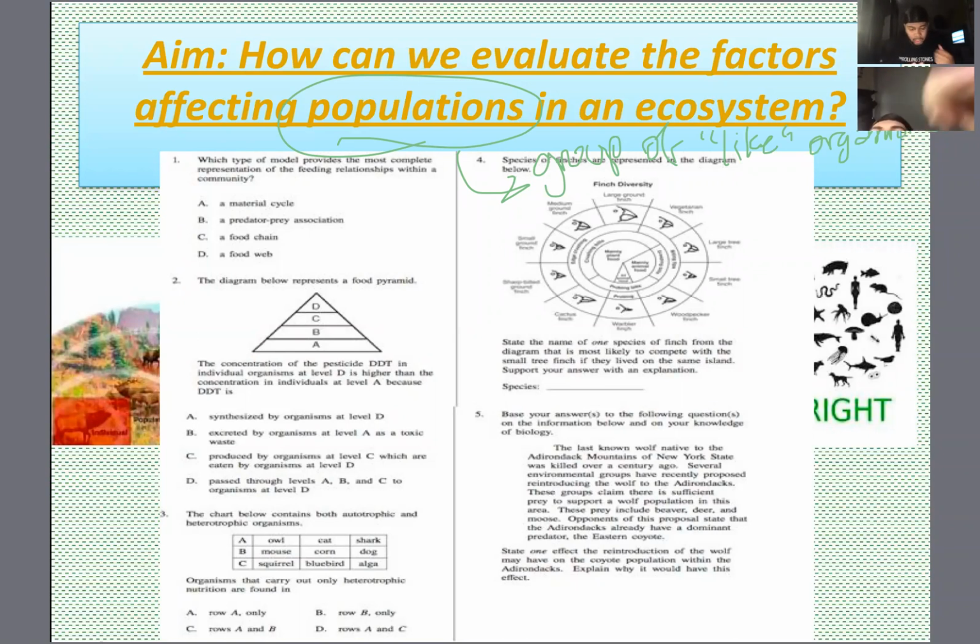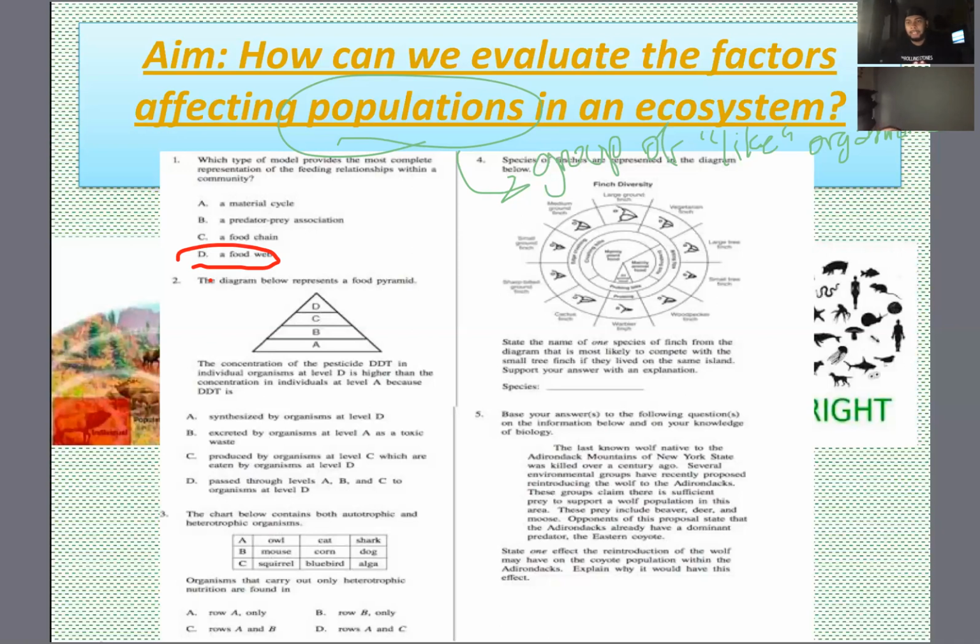Okay. Which type of model provides the most complete representation of the feeding relationships within a community? Remember, a community has all of the biotic factors that are interacting with each other. All right. Now, for biotic factors, what we should get is a food web, right?